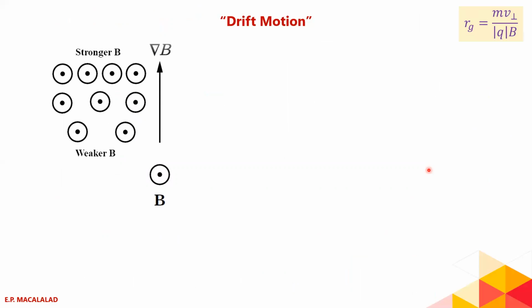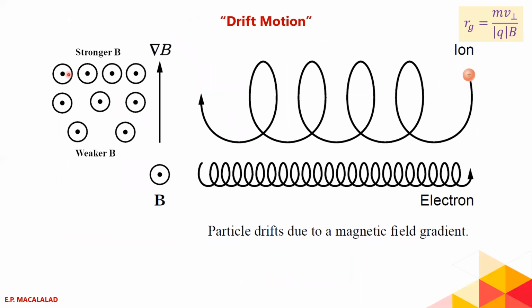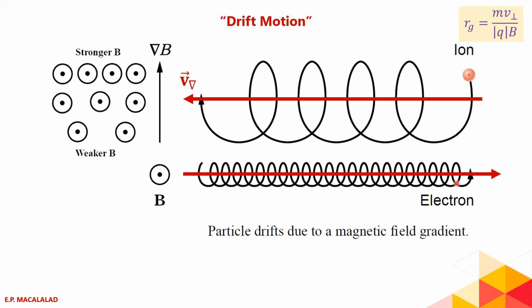if the drift is due to a difference in the magnetic field strength between regions, the direction of the ion drift would be opposite to the direction of the electron drift. And the speed of the drift will also be different. So again, the drift for an ion will be to the left, and the drift of the electron will be to the right.